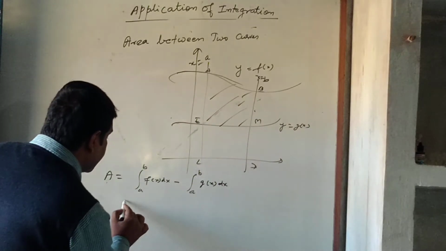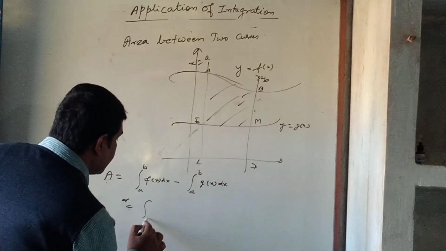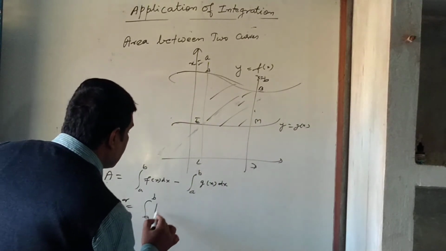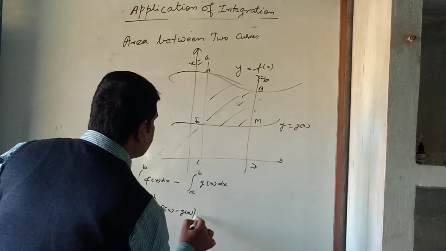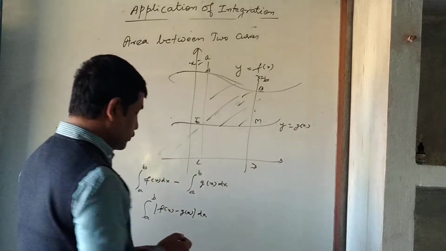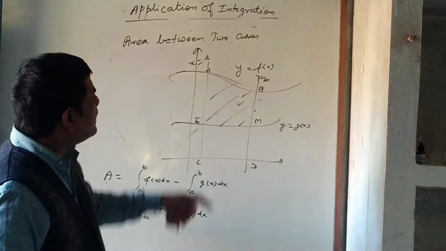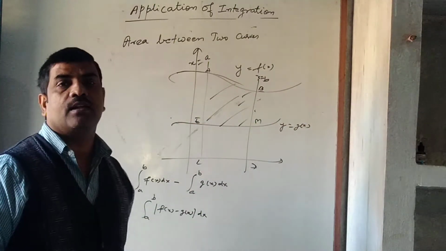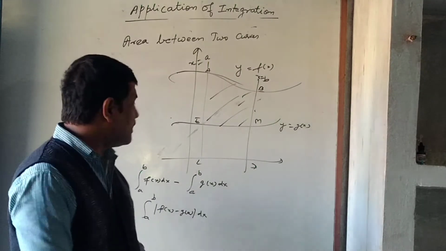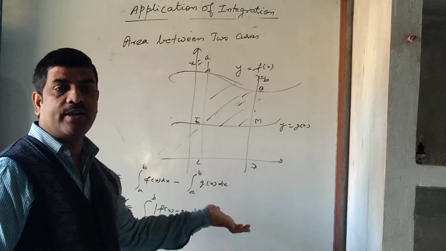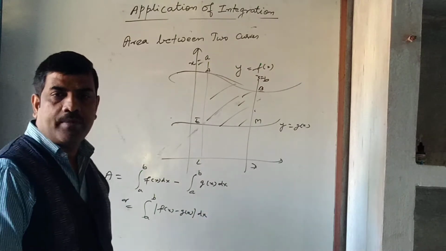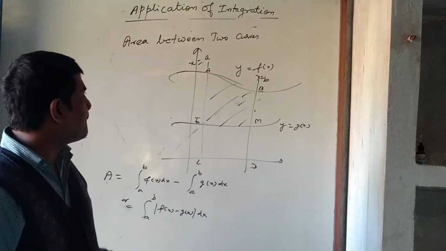Or the same can be written as limit varies from a to b mod of f(x) minus g(x) dx. So this is the way to find out the area between the two curves. If the two curves' equations are given, here f(x) and g(x) given, right? Write the value in terms of x and integrate it between the two limits a to b.